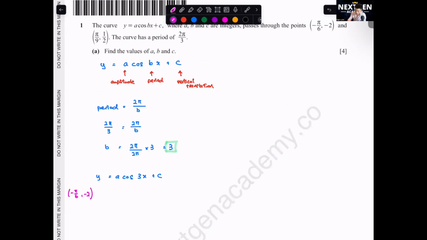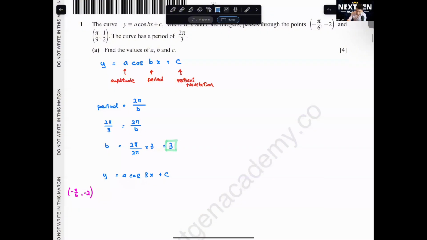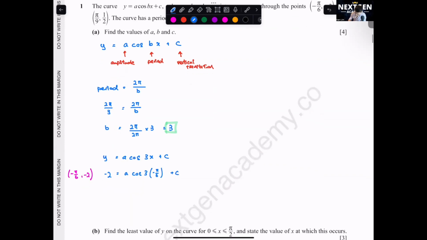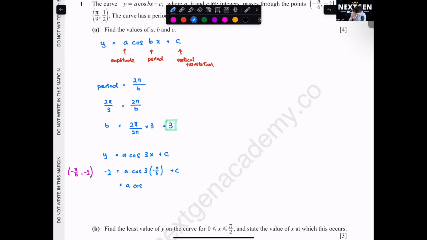So x is equal to negative pi over 6, and y is equal to negative 2. We get negative 2 equals a cos of 3 times negative pi over 6, plus c, which gives a cos negative pi over 2 plus c.